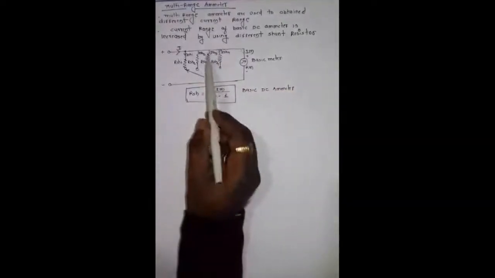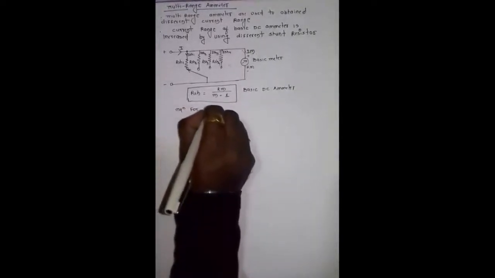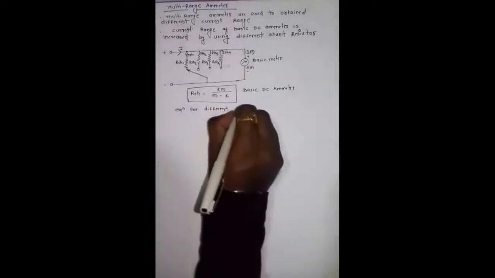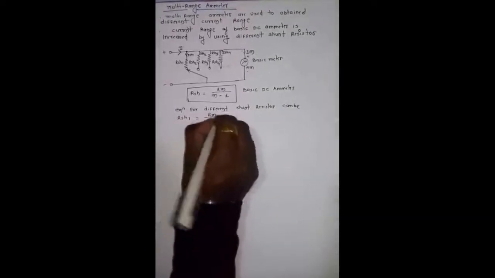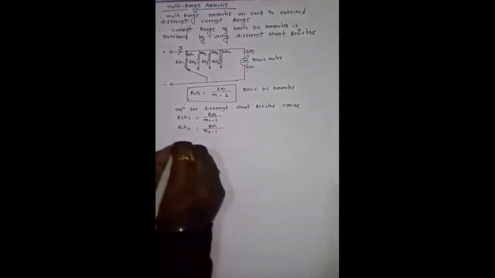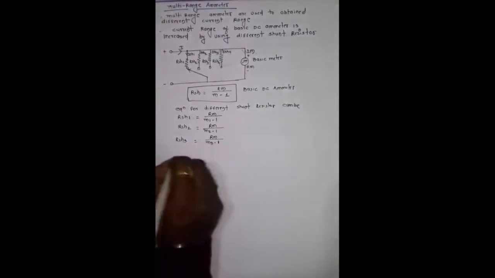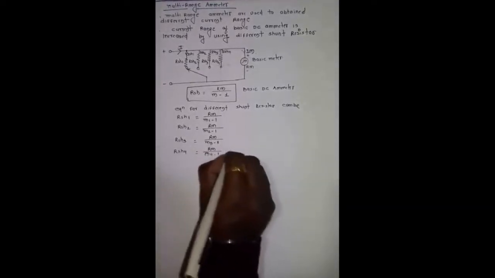But this is a multi-range ammeter, so the equations for the different shunt resistors are: RSH1 is equal to Rm divided by M1 minus 1, RSH2 is equal to Rm divided by M2 minus 1, RSH3 equals Rm divided by M3 minus 1, RSH4 is equal to Rm divided by M4 minus 1, and so on.